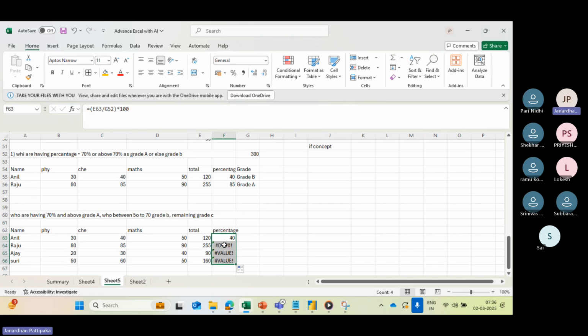Here we are not getting the values over here because it's a percentage. You need to hard code this. So the value in the G52 we have this, right? So you need to hard code this value. Either you can put it with the dollar symbol. This I will explain in a further class, as it is not required now. I will explain what is the use of hard coding that particular value.